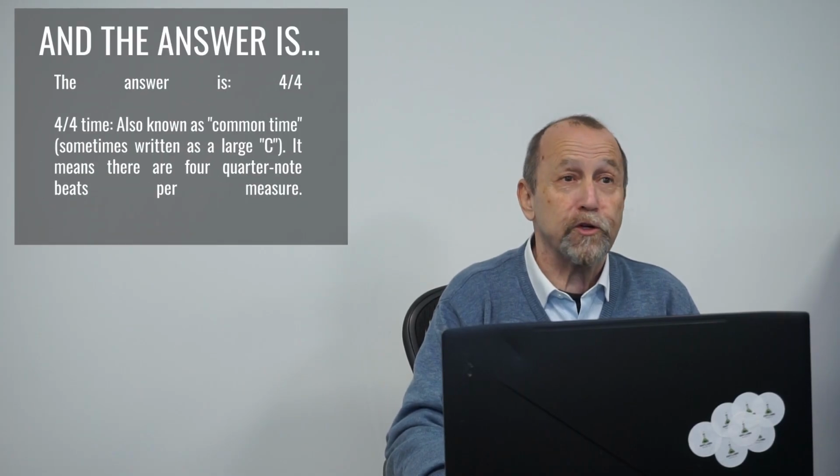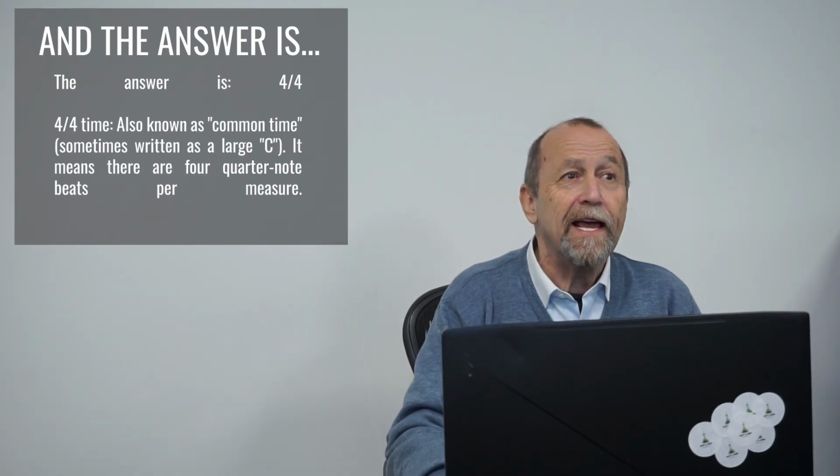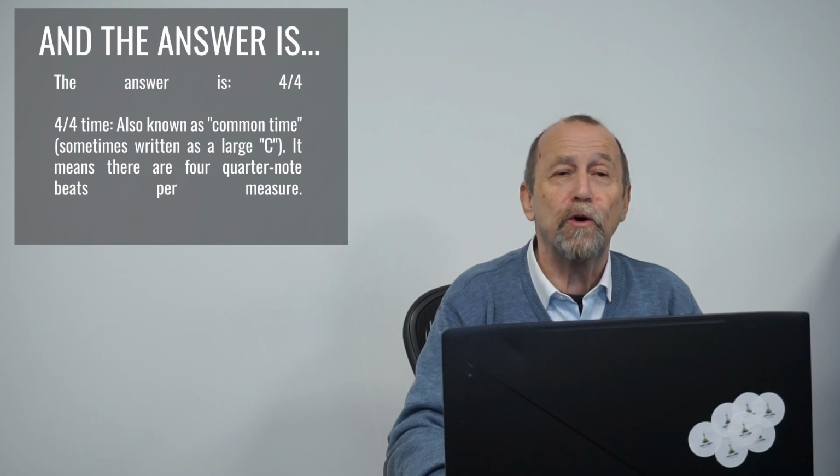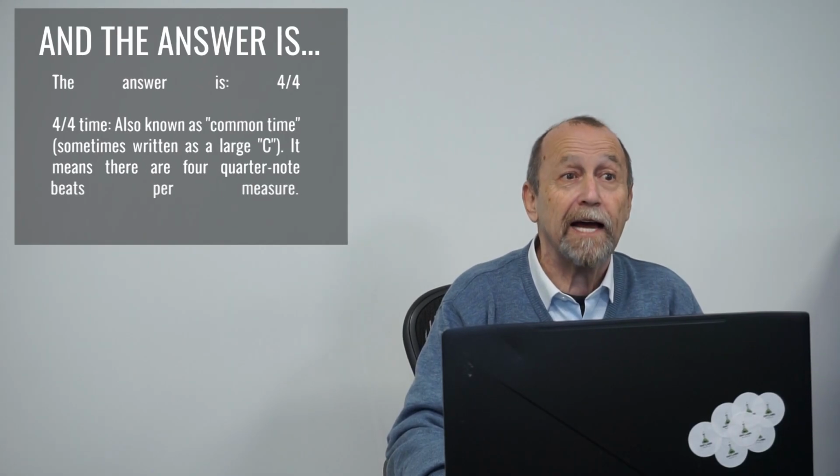And the answer is 4-4, also known as common time and sometimes written as a large C. It means there are 4 quarter note beats per measure, and it is indeed the most common time.